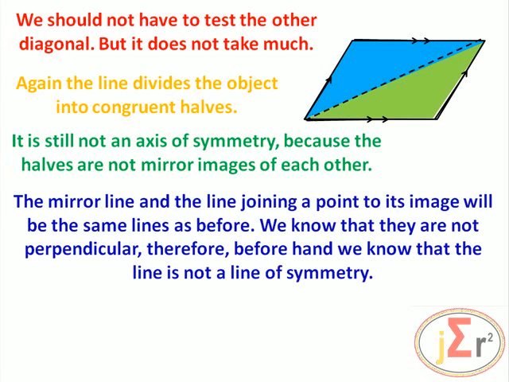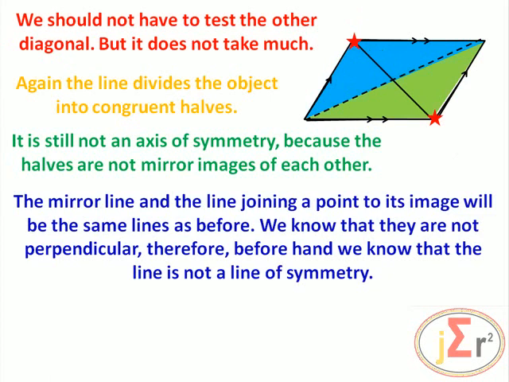But in this case, the line that joins the point to its image is actually the line that we attempted to use for the axis of symmetry on the previous slide. So the two lines turn out to be these two lines that we have used before.